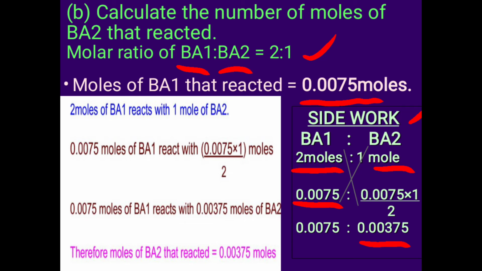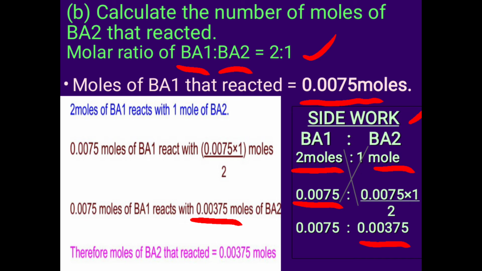When we go back to making statements here, you're going to start from what you already know. So we have 2 moles of Ba1 reacting with 1 mole of Ba2. Then what about the 0.0075 moles? We cross multiply as I've already told you, and when we cross multiply, as you see the multiplication there, we shall come up with 0.00375.